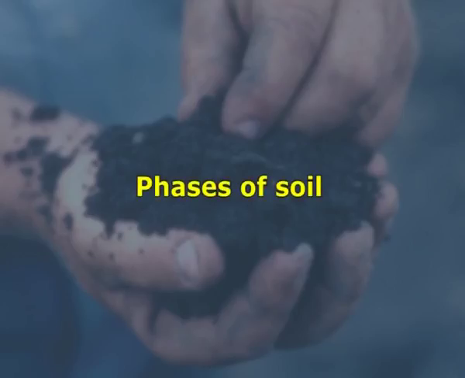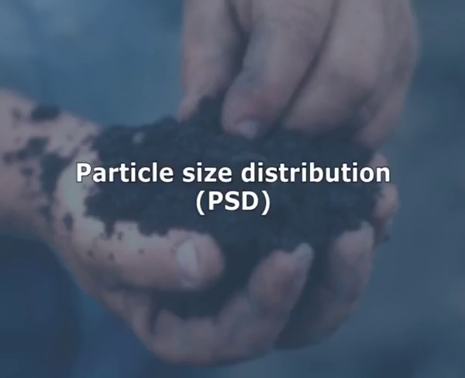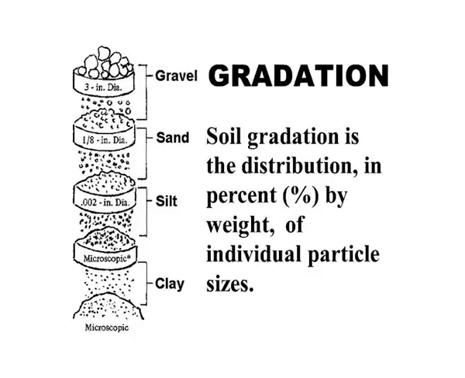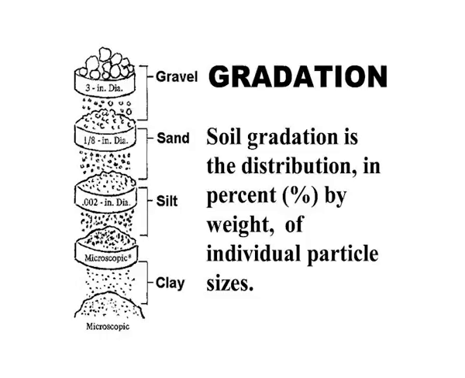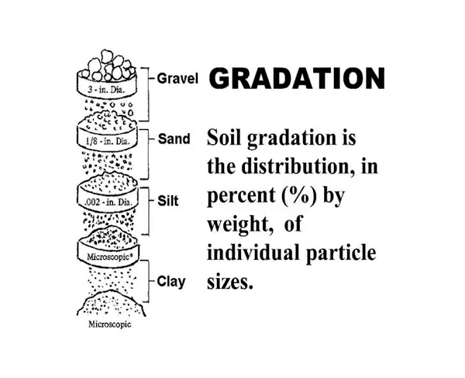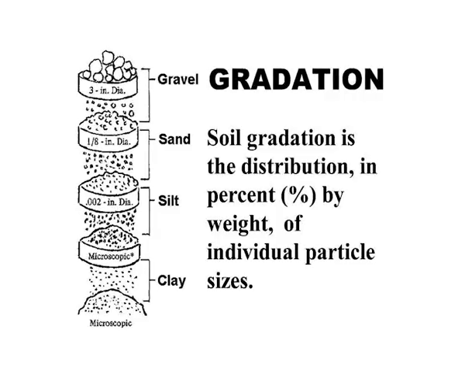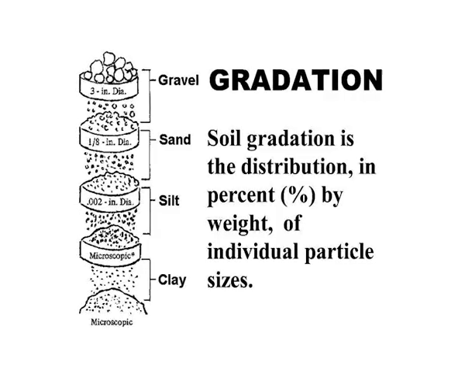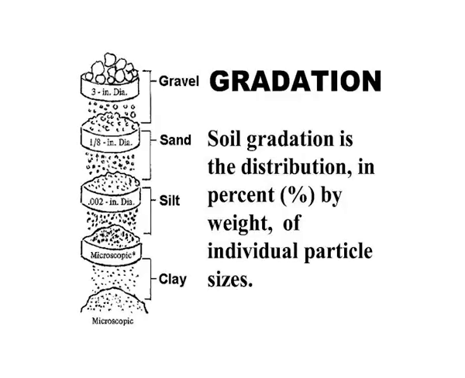Soil's texture. Particle distribution. Particle distribution, also known as gradation, refers to the proportions by dry mass of a soil distributed over specified particle ranges.